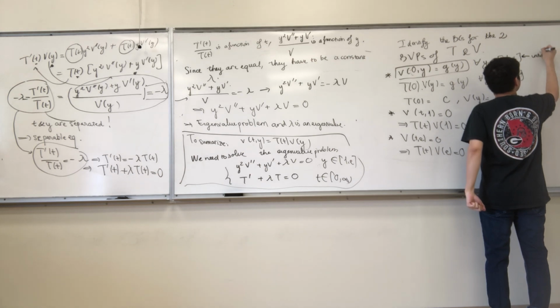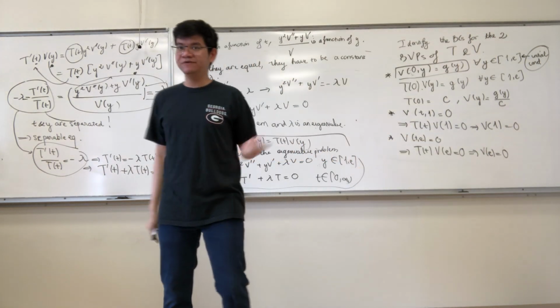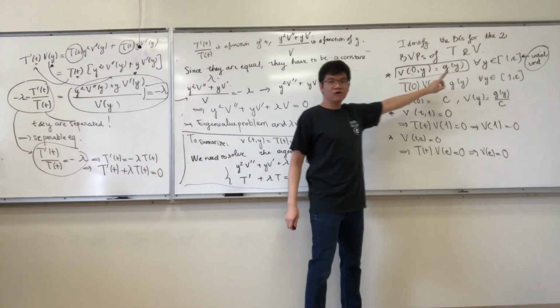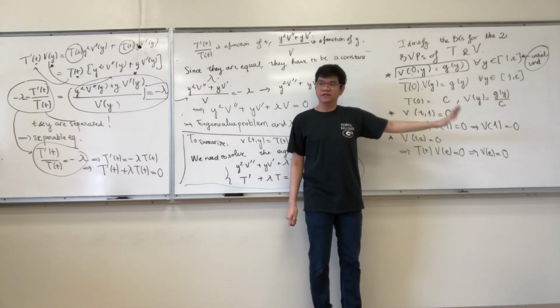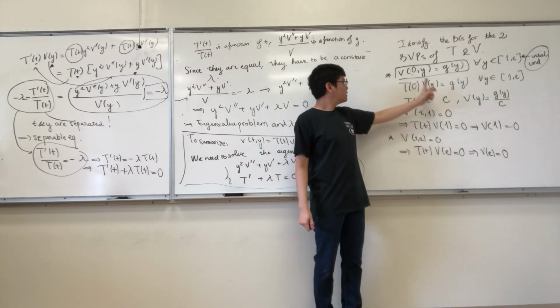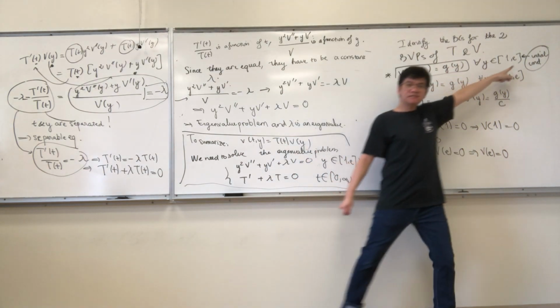Because v has only one derivative in t, for T you only need one boundary condition, which is also called the initial condition, right? Now, you have v(0,y) is g(y). This is the initial condition.